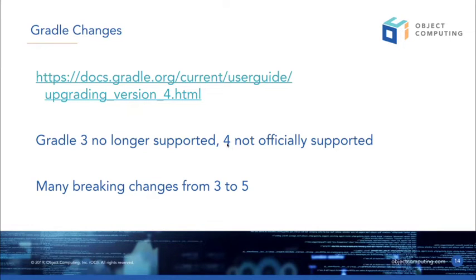Yeah, so as far as Gradle, there have been breaking changes between 3 and 4 and also 4 and 5. Depending on your build, if you just have a normal build with some dependencies, defining your repositories and some plugins, then you're probably not going to have any major issues. But if you're doing a whole lot of custom things in your build, then it's possible that you might need to change some of it.